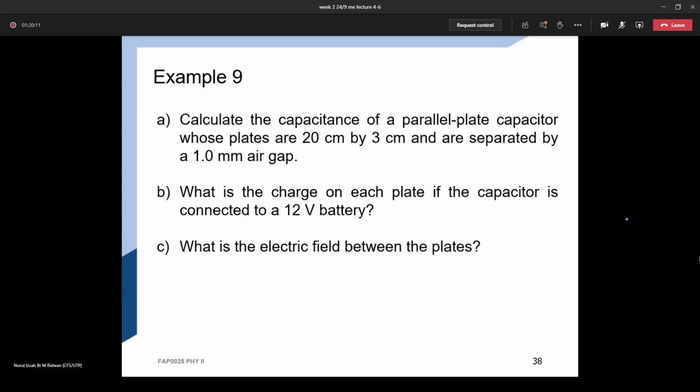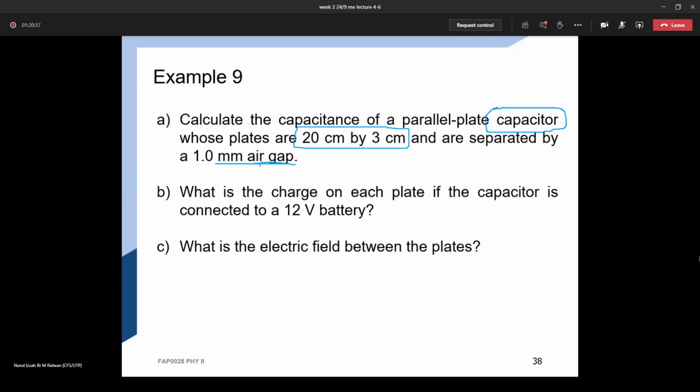So the question is, calculate the capacitance of a parallel plate capacitor whose plates are 20 centimeter by 30 centimeter. So this should be the dimension. This will be used to calculate the area, and separated by a distance of 1 millimeter air gap.